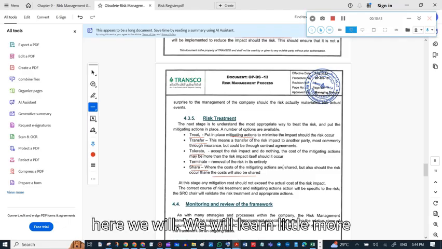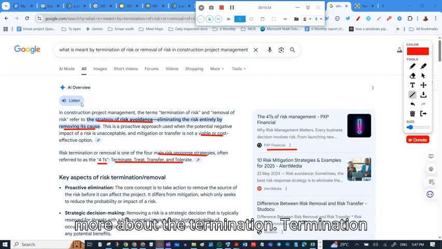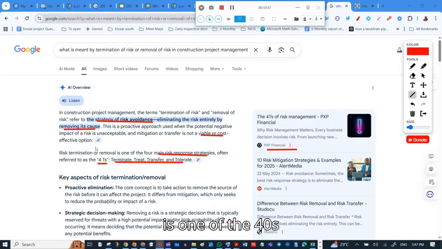So now here we'll learn a little more about termination. Termination is one of the four T's in the risk response strategies. Actually, terminate, treat, transfer, tolerate and share are the five risk response strategies.